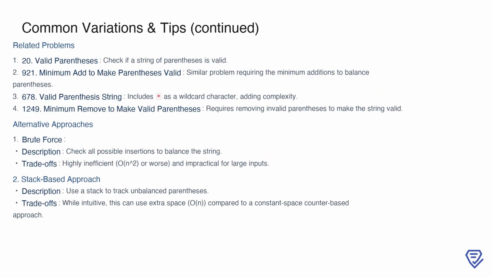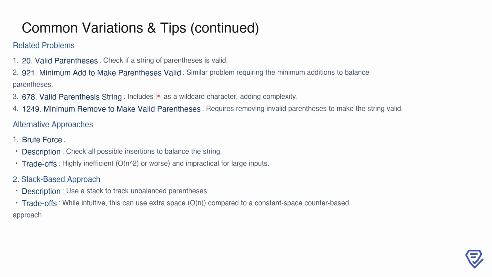This problem also shares similarities with other related problems, which can help you build a stronger foundation. For instance, problem 20, valid parentheses, asks you to determine if a string of parentheses is valid. Problem 921, minimum add to make parentheses valid, is closely related since it also focuses on finding the minimum number of additions needed to balance a string.